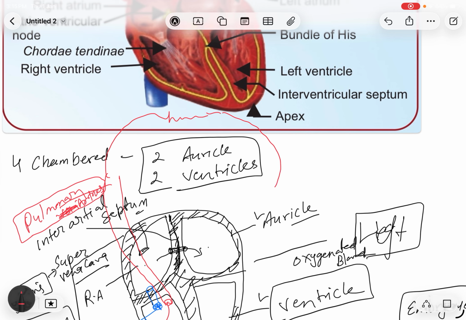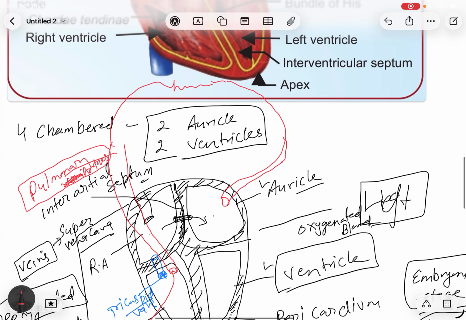From the lungs, the blood again comes to the auricle side. So it opens into the left auricle, and the left auricle opens into the left ventricle, which has two valves, known as the mitral valve.